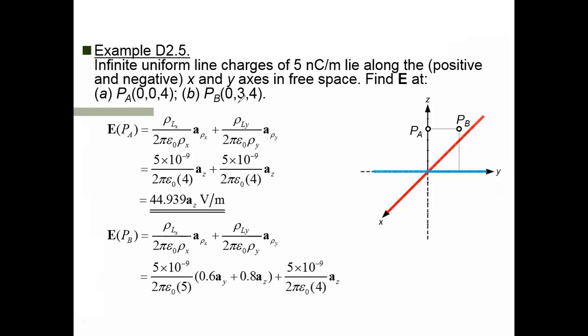Here two coordinates are given. So you see, rho x I'm putting as 5. But can you tell me why this has been written as 0.6 a y plus 0.8 a z? Why are we writing this? Can you give me some clue?